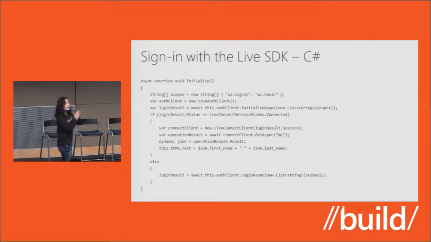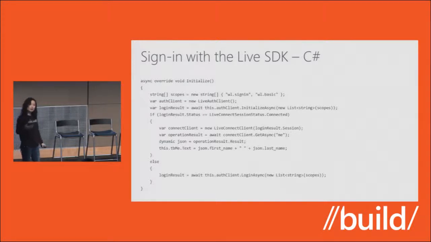So, because this is a developer conference, I want to spend a little bit of time talking about code. This is the sample code you would use if you want to integrate Microsoft Account into your app. On your app initialize, you see there is a class called LiveAuth Client.